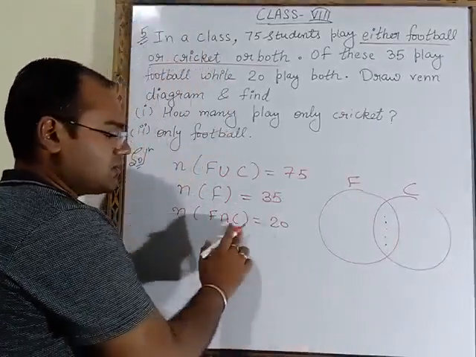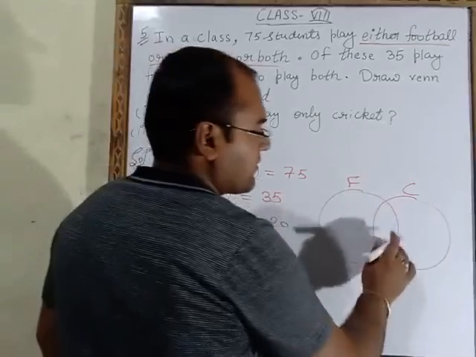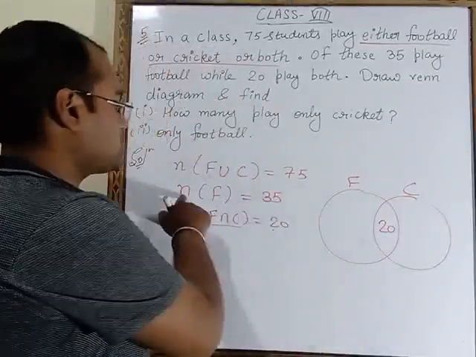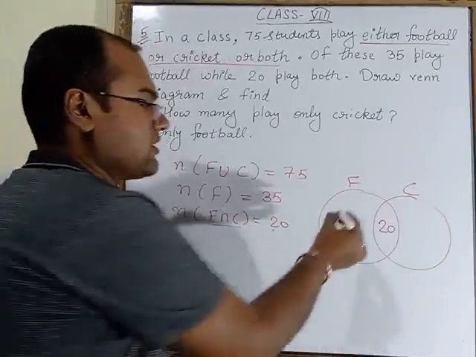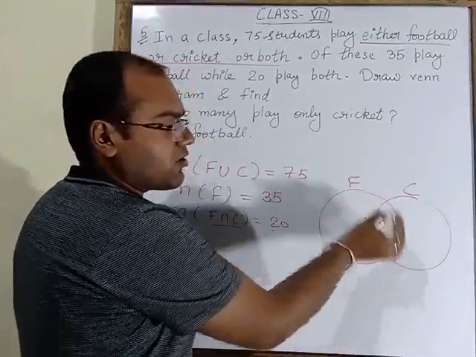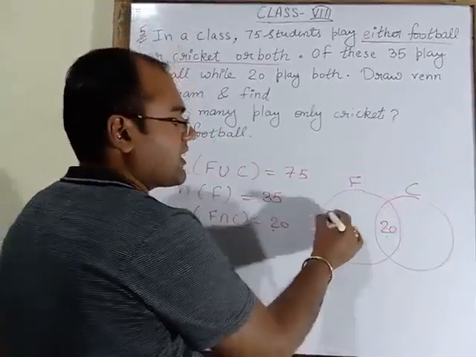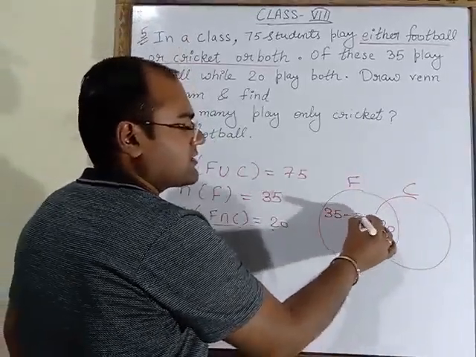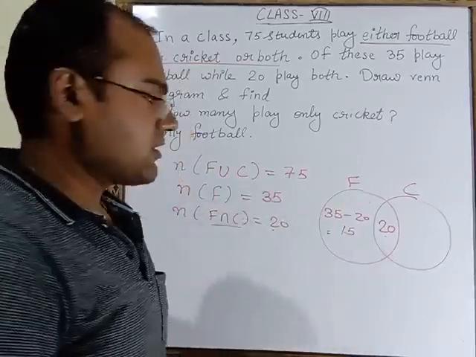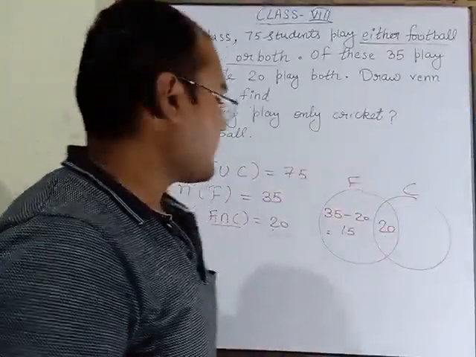How many like both? 20 like both, so we will fill in 20 here. Now the number of students who like football is 35, so this football circle is 35. But 20 is already written in this circle, so what you have to write here is 35 minus 20.